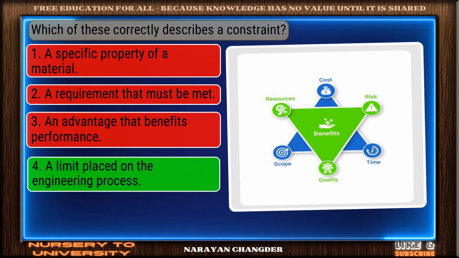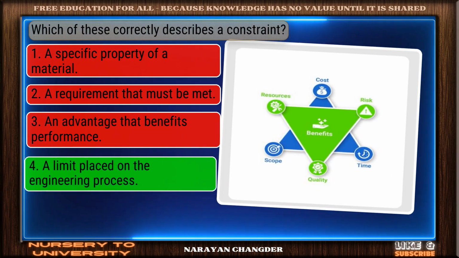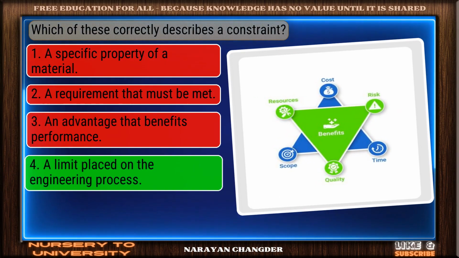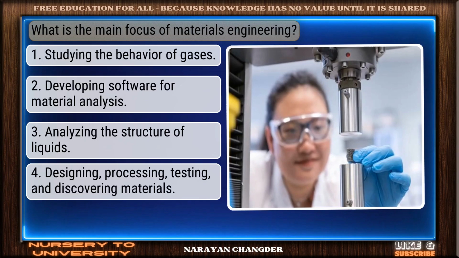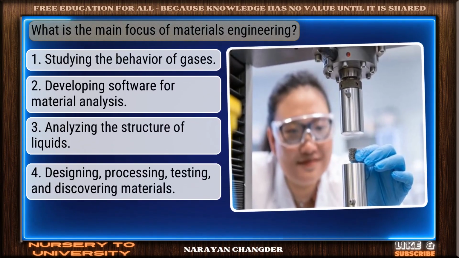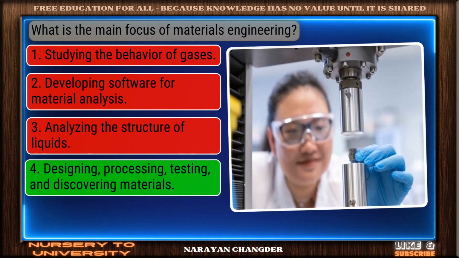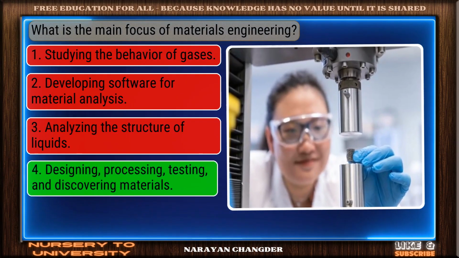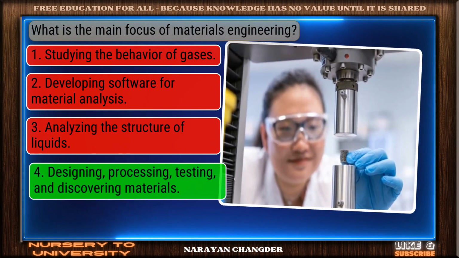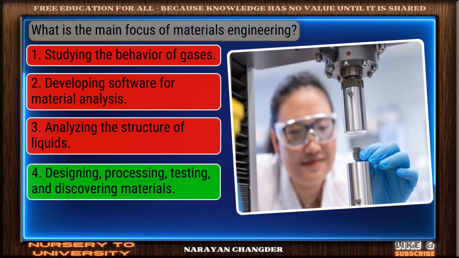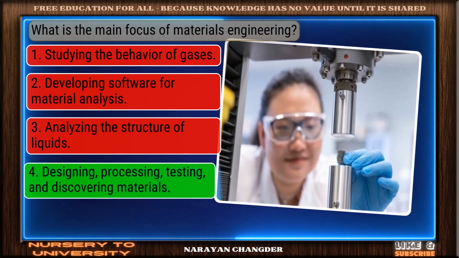You're right. A limit placed on the engineering process is the correct answer. What is the main focus of materials engineering? Great job! Designing, processing, testing, and discovering materials is the accurate answer.